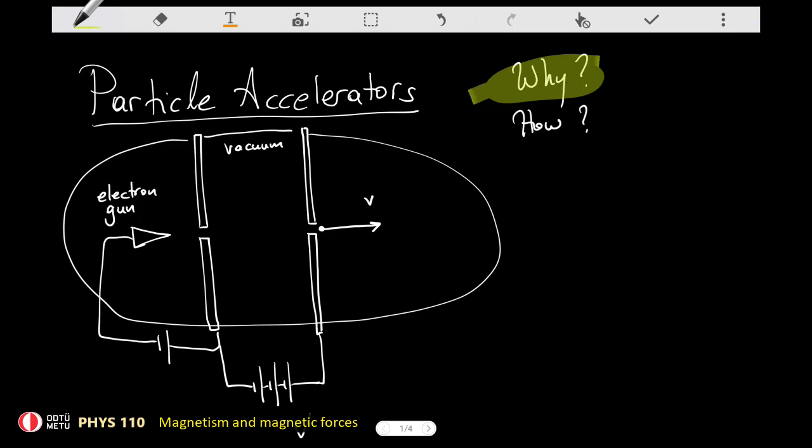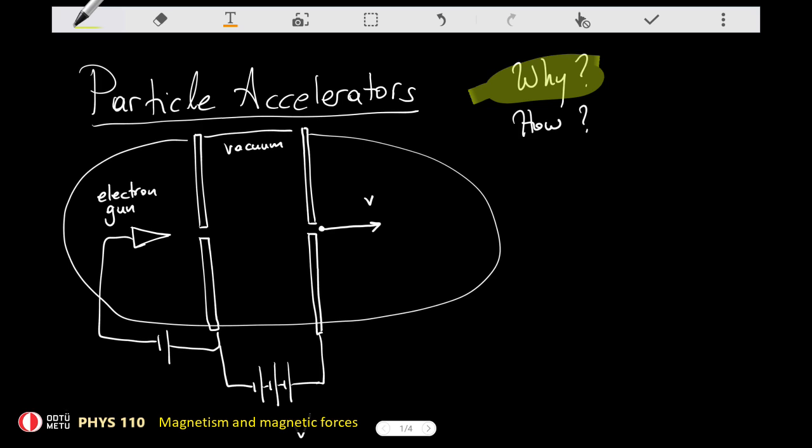There are many reasons for that. We use these fast particles for many measurement processes, but they are especially used in experimental particle physics, where you collide particles with high energy, and as a result, new particles emerge as the collision products. These particles have high masses, so to be able to produce them, you need very energetic particles.